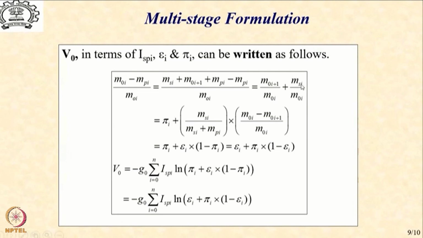Similarly, the second term msi and m naught i, multiplied by msi plus mpi and divided by the same. So the first term with the division becomes my epsilon i. In the second term, which is msi plus mpi in the numerator, I can rewrite it as m naught i minus m naught i plus 1. This means the difference between the starting mass of the ith stage and the starting mass of the i plus 1th stage is nothing but the mass of the ith stage, that is msi plus mpi.